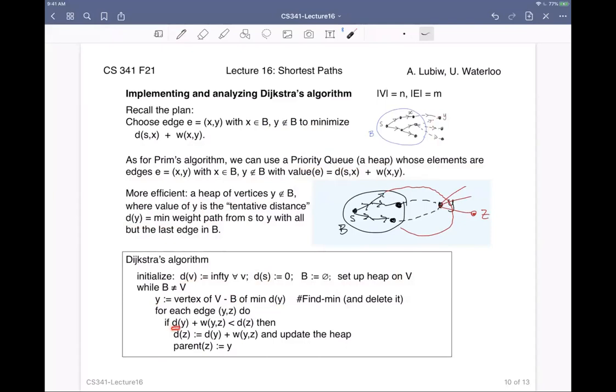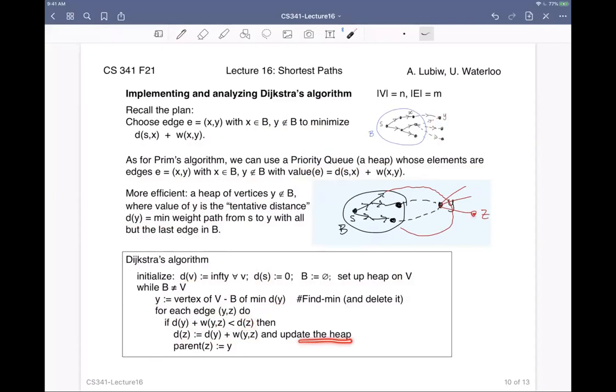So if the distance to Y, which just came from my heap, plus the weight of the edge from Y to Z is less than the current value I'm storing for Z, then I do an update. I set D of Z to be this improved, smaller value I've just found, and I update the heap.